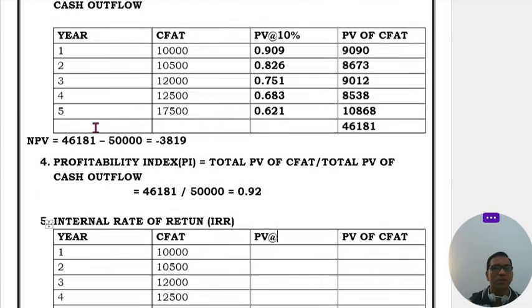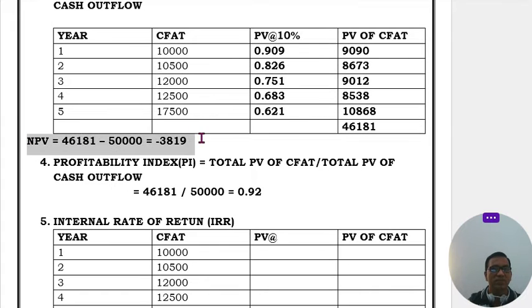See here, this is the old NPV. IRR is the rate of return where NPV is equal to 0, where total PV of CFAT is equal to total cash outflow. So 46,181 should become 50,000. That means the value has to increase.